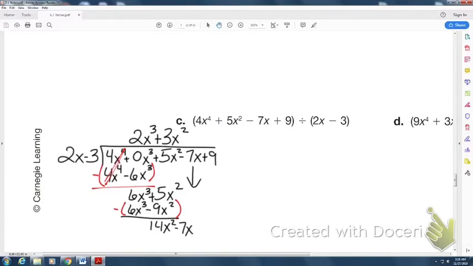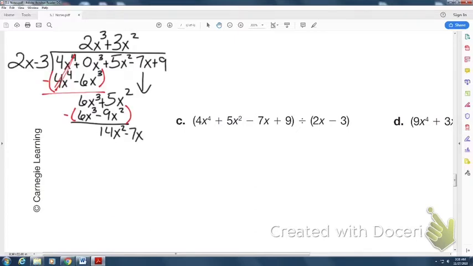There's the first few steps on C. If you're done with C, go ahead and do D. D will be the last one we'll do. If you've worked through all of C already, and you got a remainder of 30, then you did it correctly.